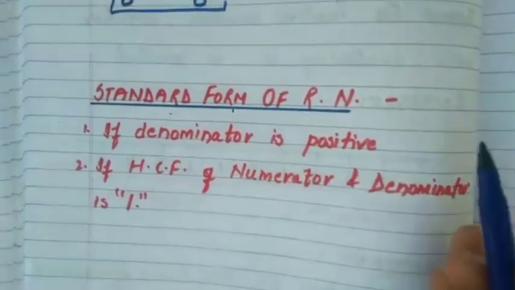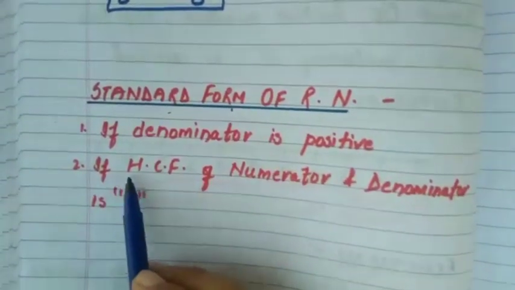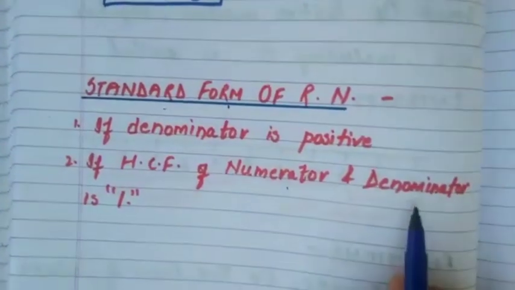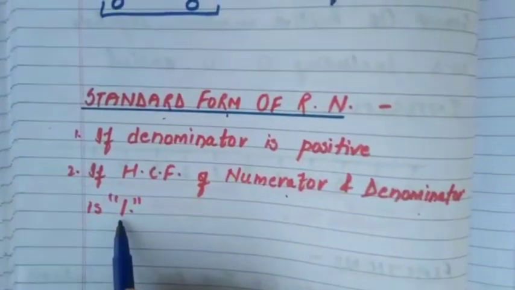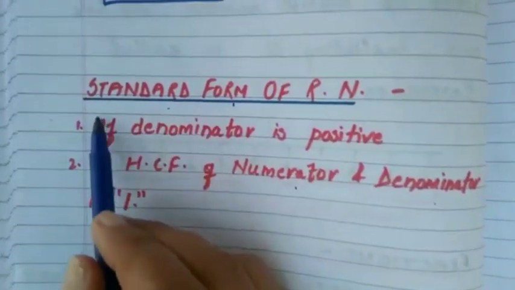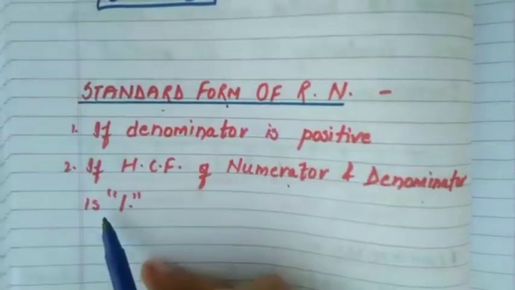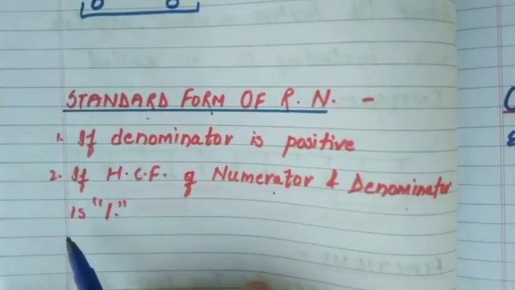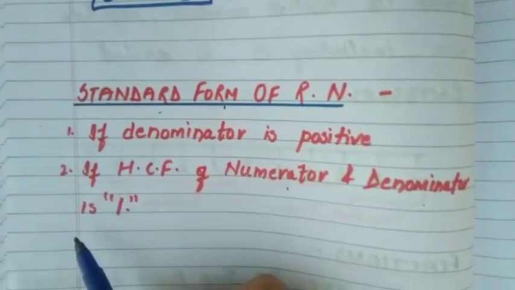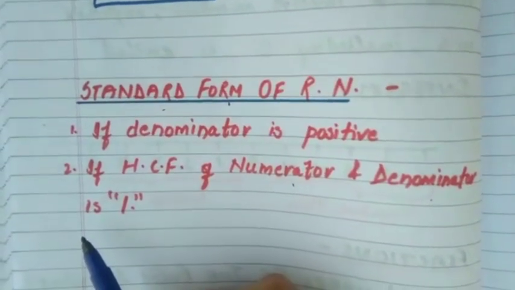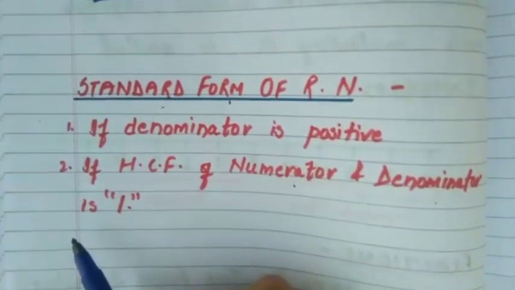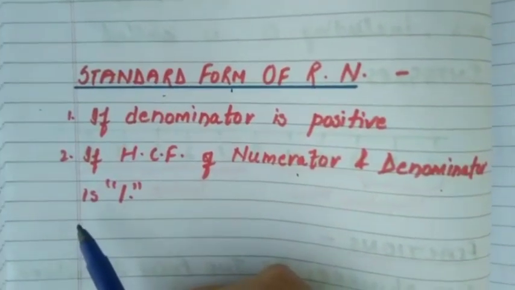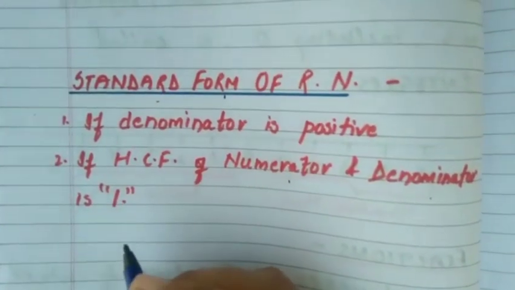Second condition: the HCF, that is the highest common factor, of numerator and denominator should be 1. If any number follows these two rules, that rational number is in standard form. If some number is not in standard form, we can write it in standard form ourselves. I'll show you with an example.